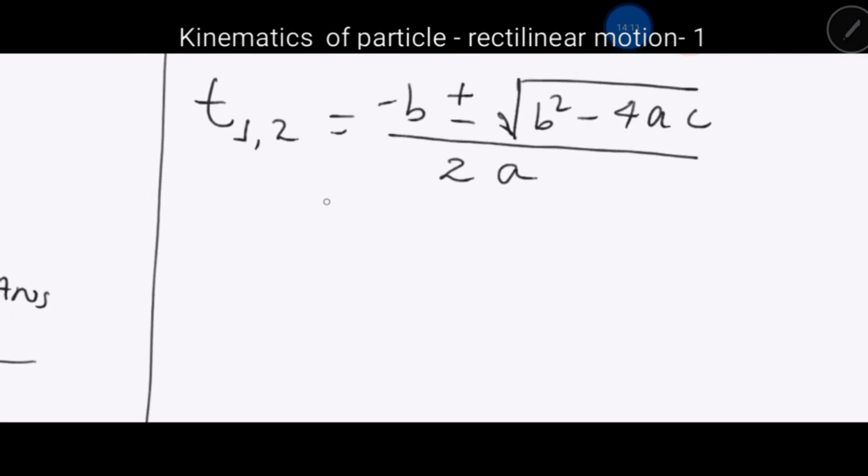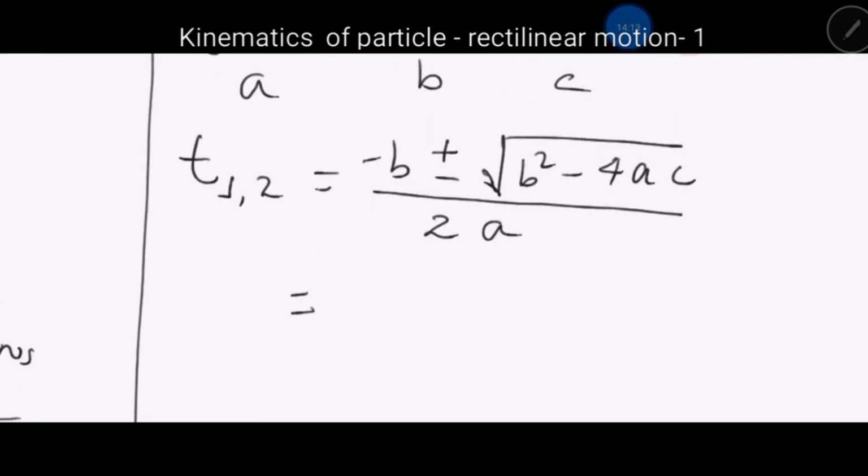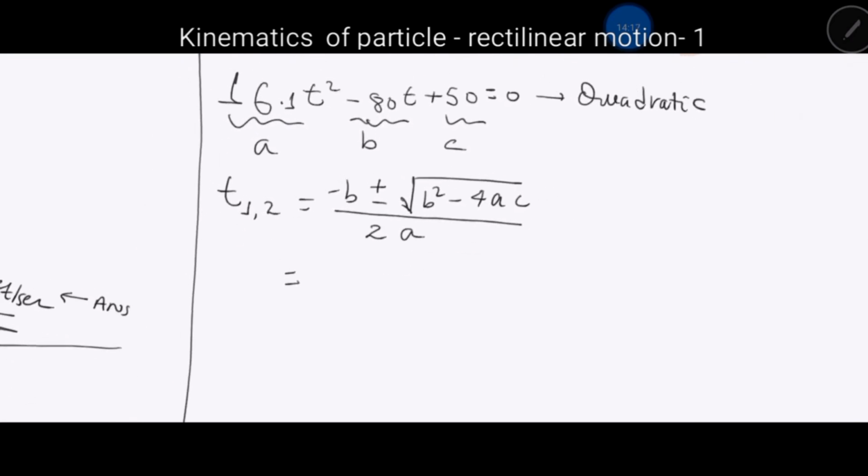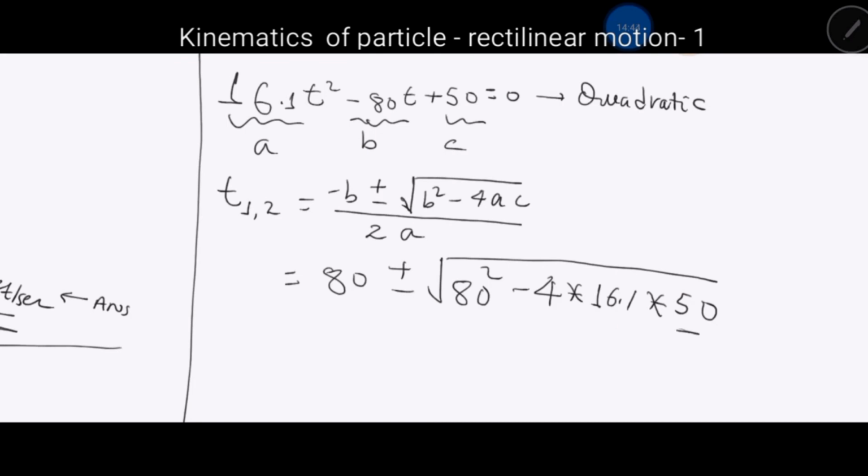We have normally 2 times, then we'll discuss later which time will be our answer. So minus of minus 80 will be positive 80 plus or minus the radical of 80 squared minus 4 times 16.1 times 50, divided by 2 times 16.1.